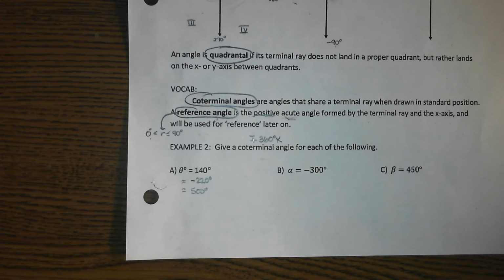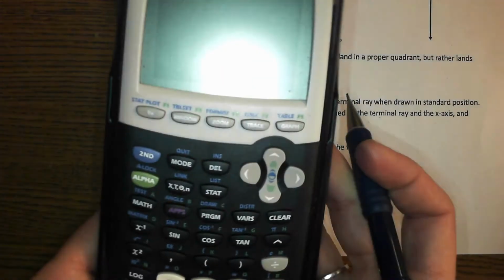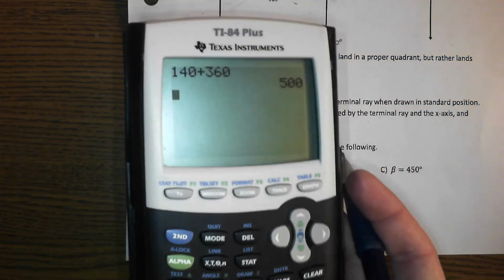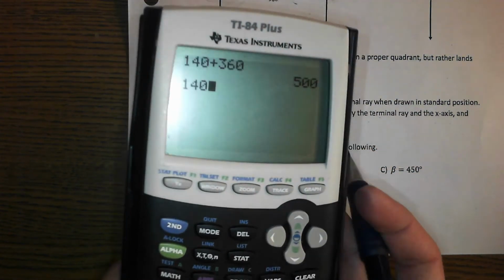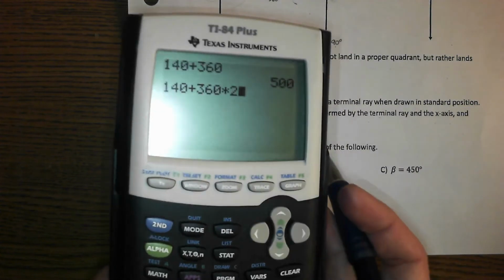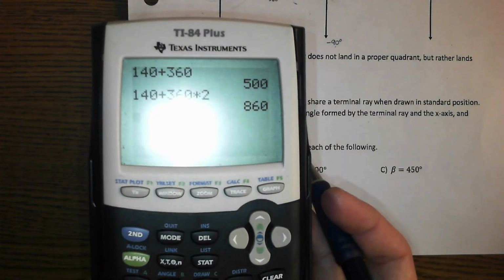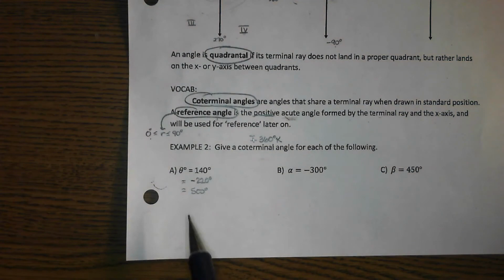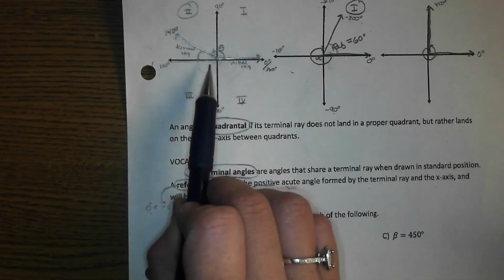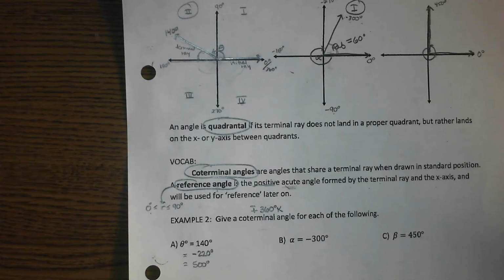I can add 360 once. So 140 plus 360, that's a coterminal. I could add 360 twice. That would be 860, is a coterminal. All of these angles end at that same terminal ray location in the second quadrant.